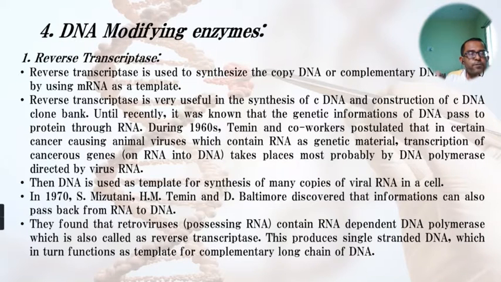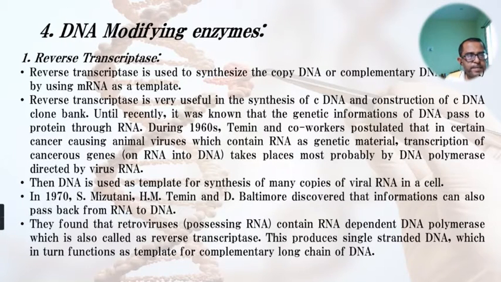Whenever we are going to use the genes from the eukaryotes, we are going to use mRNA, not the gene of that eukaryotic cell, because eukaryotic genes carry coding and non-coding parts in their DNA molecule. So to avoid that, we are going to use the mature mRNA, and this mature mRNA is treated by this reverse transcriptase enzyme.